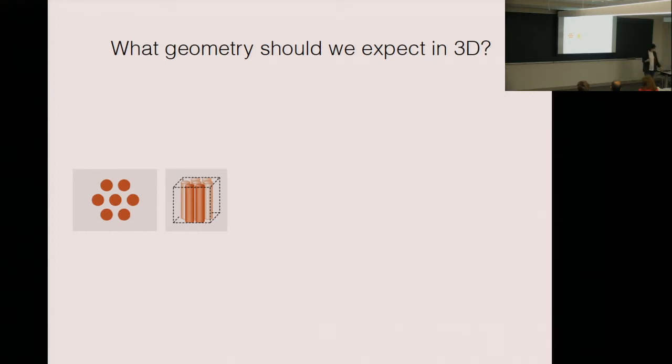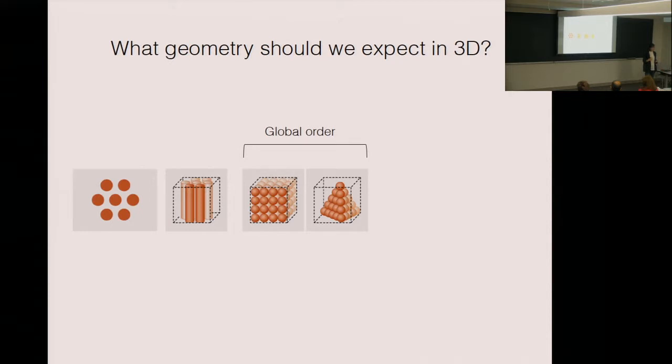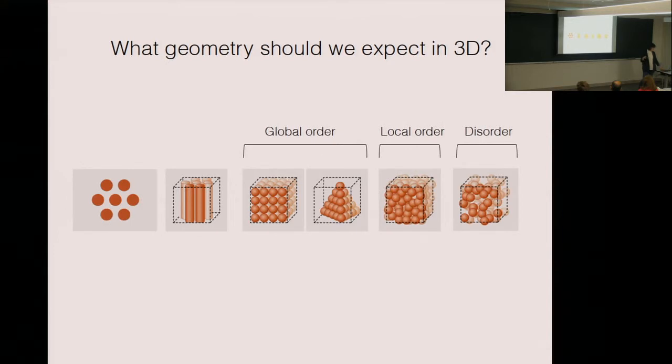Or the field could be spherical, like what we saw in 3D place cells. And if it is spherical, then there are many options for how the fields are arranged in space. They could be in a global order, like a lattice arrangement, all the way to being completely disordered in 3D. And it could be anywhere in the middle in terms of order, and for example, have a local order and not a global order.